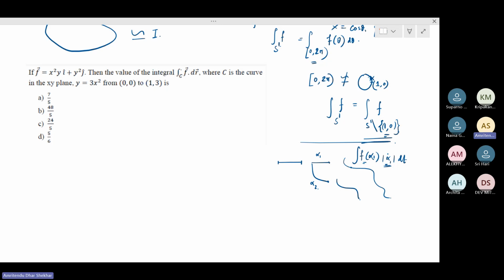So for instance, if your function was just the unit function, then this would give you the length of the curve. So if f was identically equal to 1, you get the length of the curve here, and the length of the curve here.